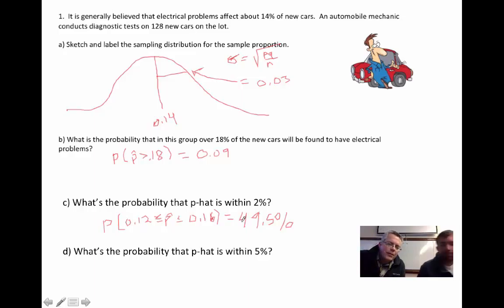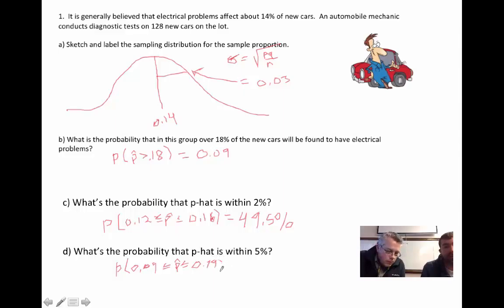Now let's find the probability that our estimate is going to be within 5%. So 0.09 is less than or equal to P hat, which is less than or equal to 0.19.